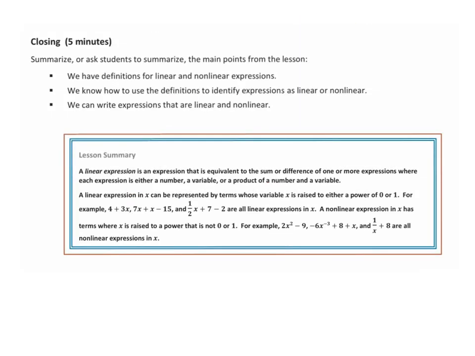All right, just to summarize this lesson before you move on to the exit ticket, we have linear and non-linear expressions. The difference between these two is what they look like when you graph them. And we'll do that later on in the year, but today we just wanted to figure out how we can tell the difference between a linear and a non-linear expression.